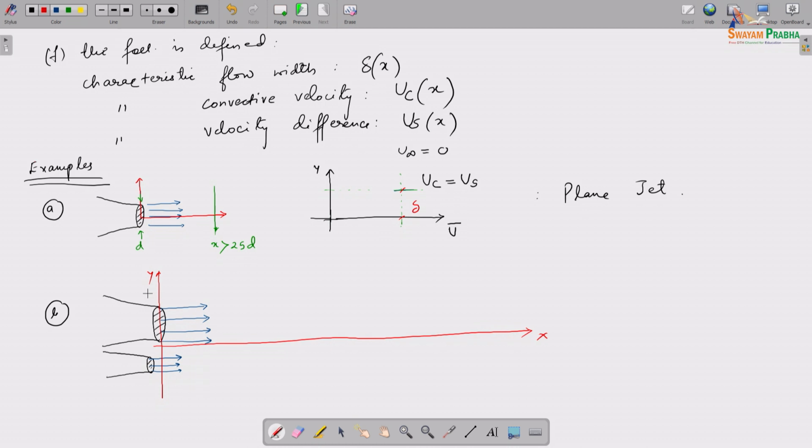How do we sort of look at this? Now the convective velocity, so you have a convective velocity. So we basically, what? Adding up, right. So then I look at this.